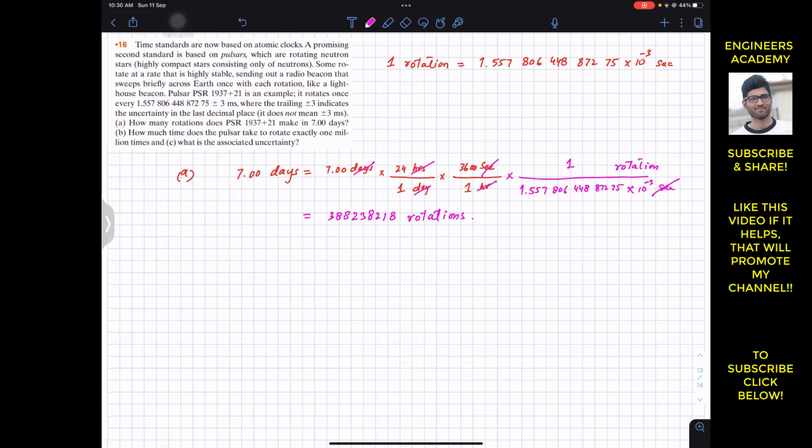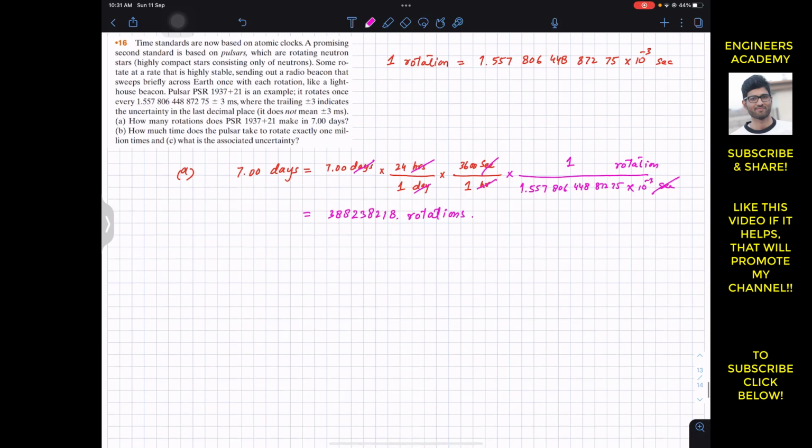Since 7 days is given in 3 significant figures, we have to convert this into 3 significant figures. If I count these digits, this is 1 2 3 4 5 6 7 8. Currently the decimal is here. If we want to transfer this decimal place to here, we need to divide this number by 10 raised to the power 8, that is 1 2 3 4 5 6 7 8.